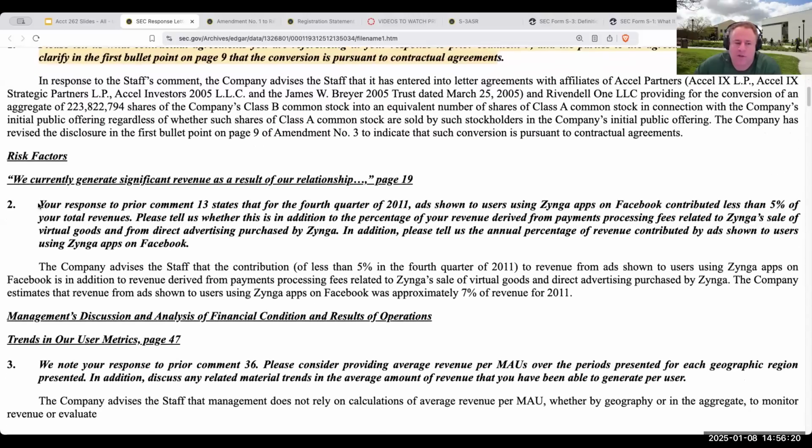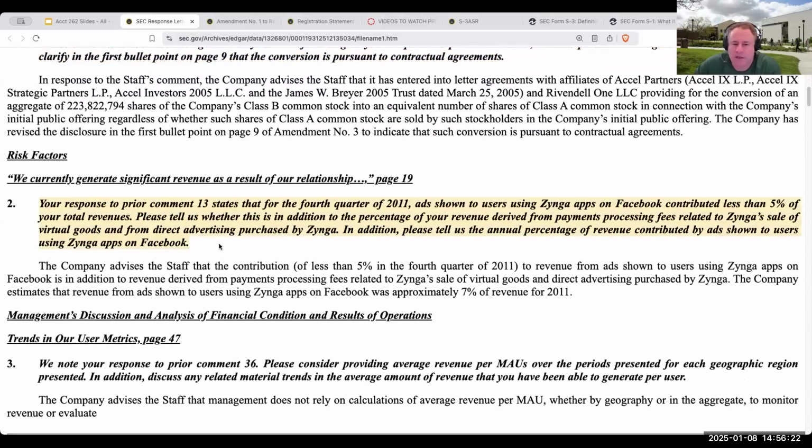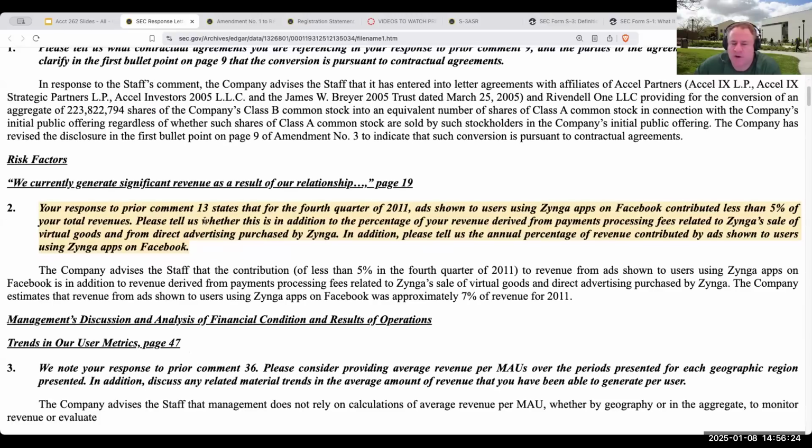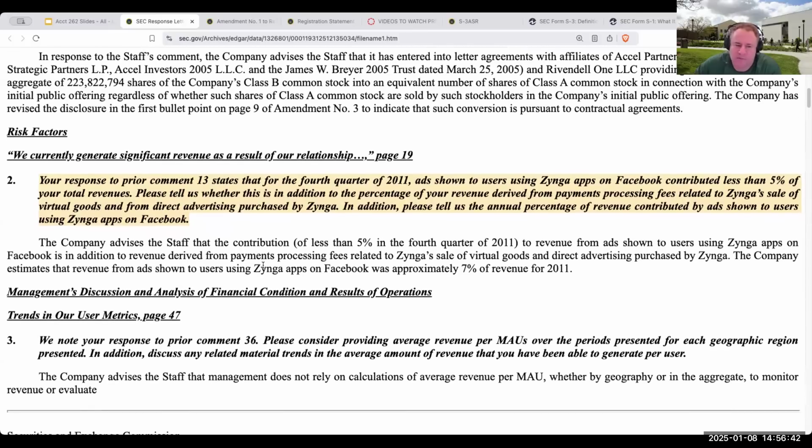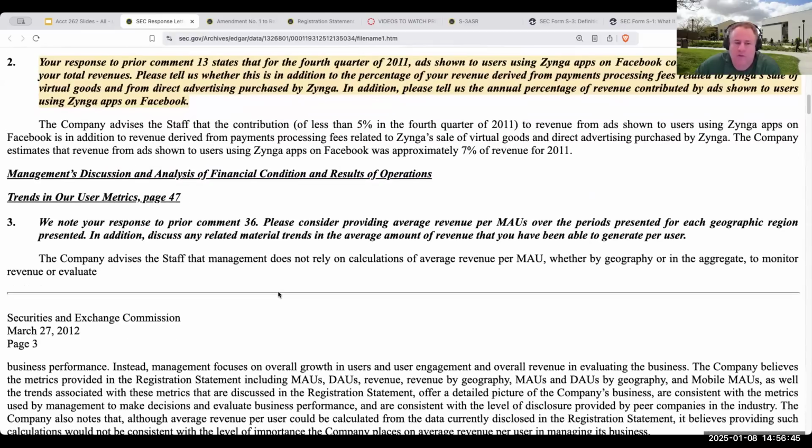They're talking about your response in prior comment 13, that for the fourth quarter of 2011, ads shown to users using Zynga apps on Facebook contributed less than 5% of your total revenues. Please tell us whether this is in addition to the percentage of your revenue derived from payments and processing fees related to the sale of virtual goods.